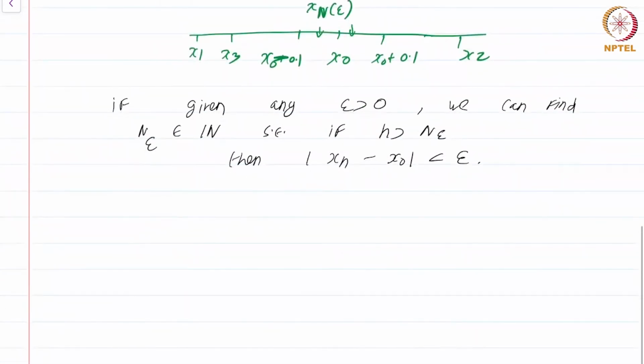One more remark. In both definitions, you need not do this for any epsilon greater than 0.